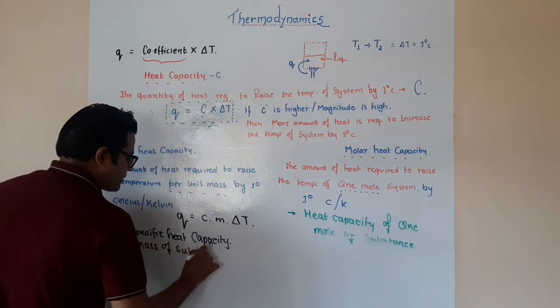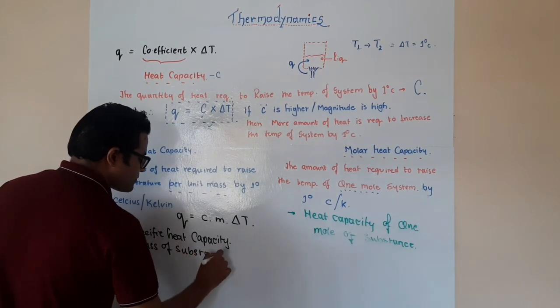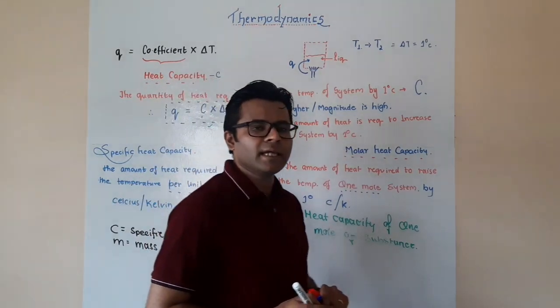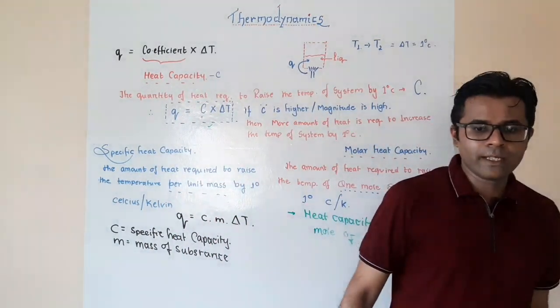Of course, you know about the other two: Q is nothing more than heat, and delta T is again the change in temperature.